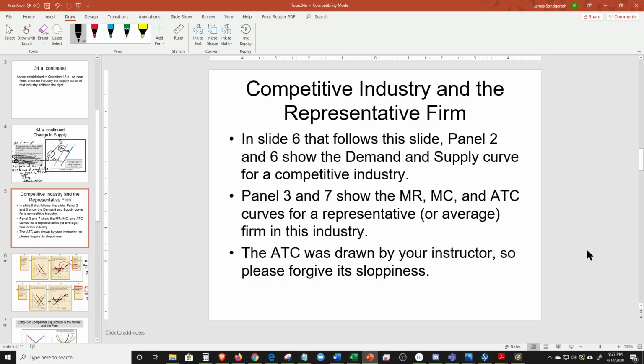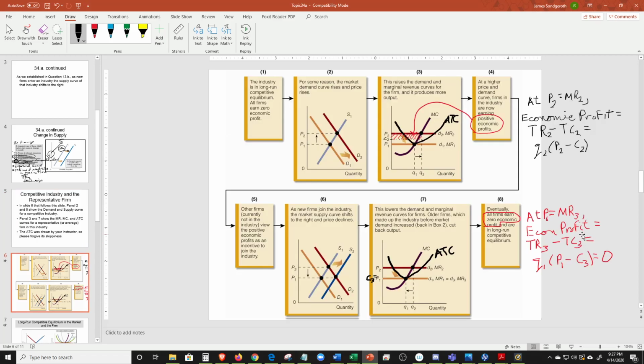So the average total cost curve was drawn by me, and it looks like it's not quite as nicely drawn as the marginal revenue and marginal cost. You can see here, it's not too bad, actually. It's okay.